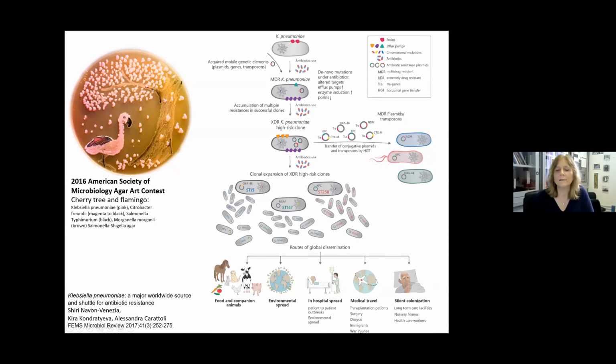We had dogs described in Switzerland that are probably receiving these clones from the owners, but it's not so clear because we have also some identification of carbapenemase producers in food, in other kinds of animals, and in the water, in the sewage, and of course in the hospitals. They are a very serious problem.